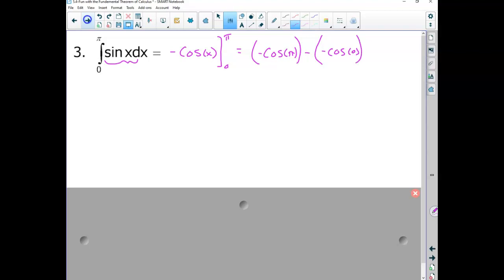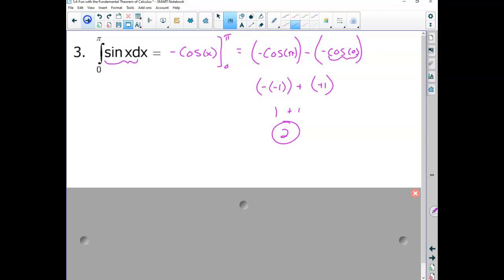What is the cosine of pi? That's the opposite of -1 minus cosine of 0. That's going to give me opposite, this is 1, so that gives me -1. Well, this is 1 minus a -1 is +1. So that algebraically is going to be equal to 2.